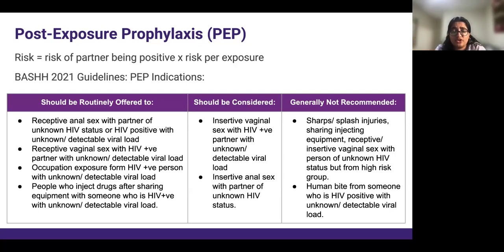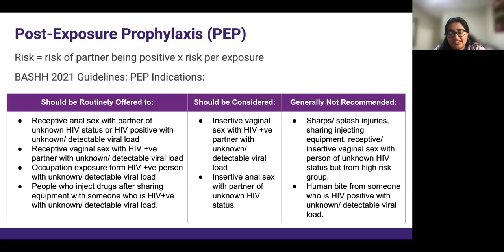And if they also have an occupational risk from someone who's HIV positive and their viral load is unknown. And then people who inject drugs, again, after sharing equipment with someone who is HIV positive with an unknown viral load. So the key here is they should routinely be offered it if they're receiving sexual activity from somebody who has an HIV positive status, but the viral load is unknown.